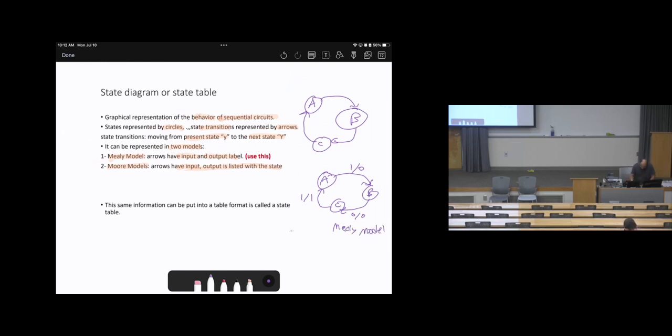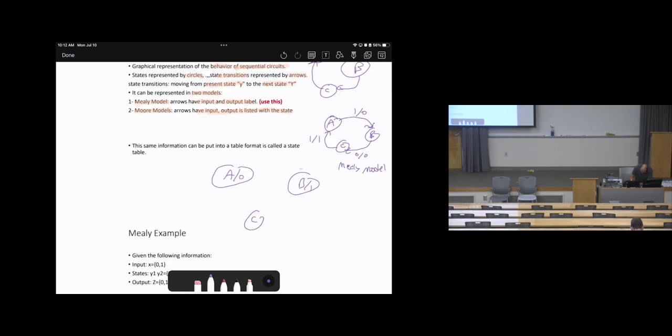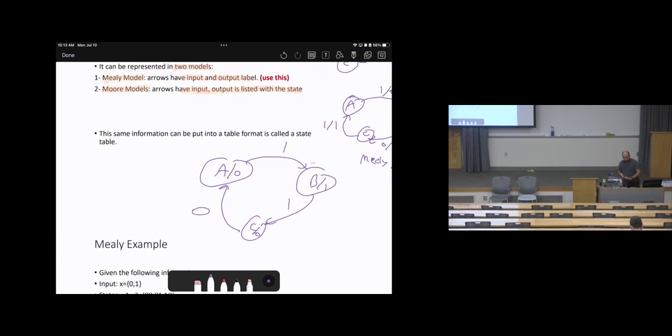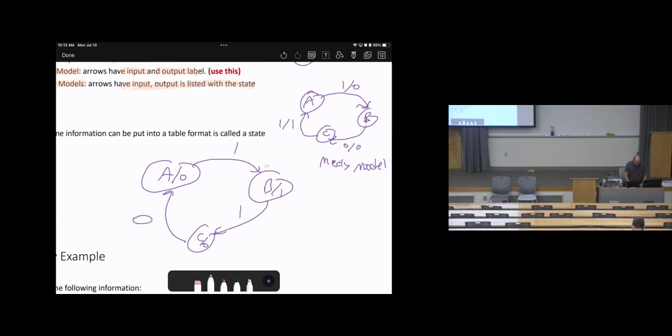However, in Moore's model, we can write, this is state A, for example, output 0. Here is state B, output 1. State C, output 0. Then the arrows will give you some indication. So by looking at these two state diagrams, you need to distinguish which model it is. In the Mealy model, you will see on the arrows inputs and outputs, while the circles are the states.